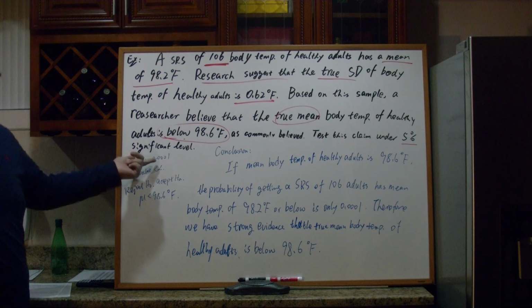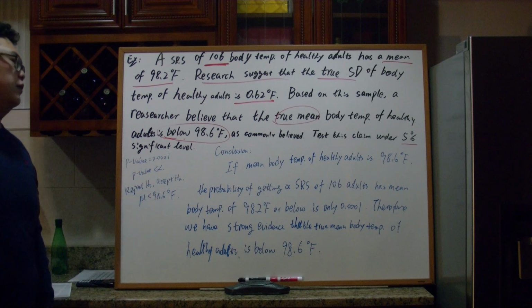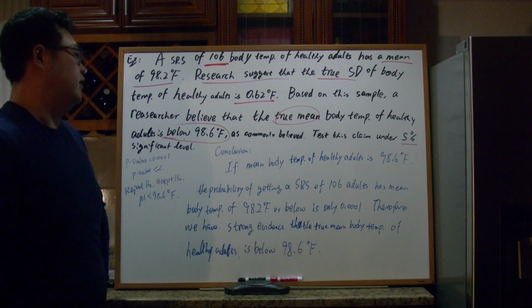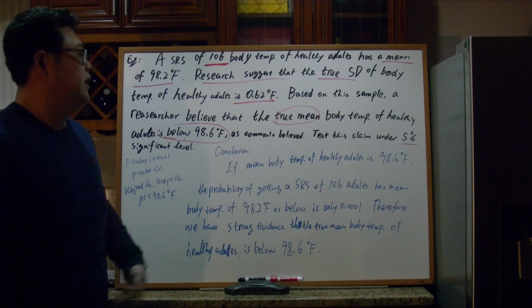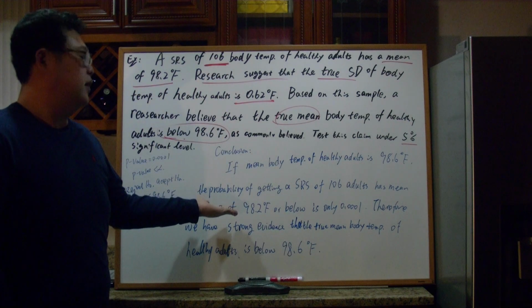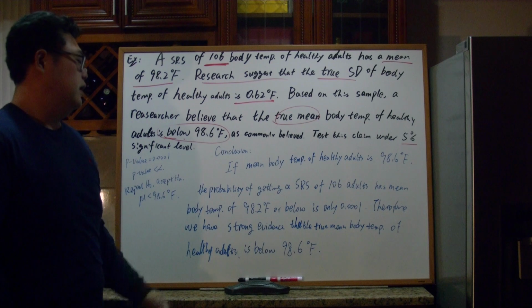This probability is significantly small, so the evidence is very strong. The reason is, if it is 98.6 degrees Fahrenheit, it's very unlikely to have such a sample with mean body temperature 98.2 degrees Fahrenheit or lower.